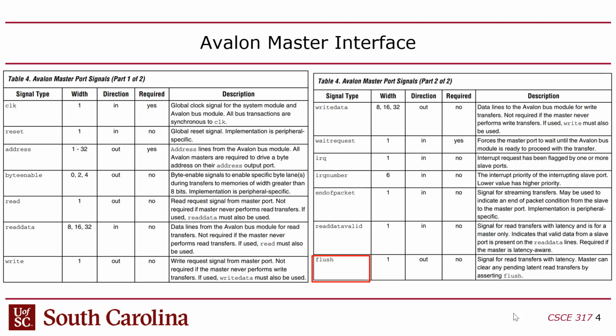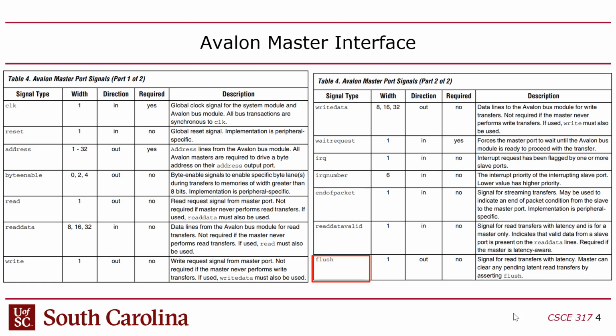This signal, the reason I've got a box around it, is because this is the one signal that is only on the master. You won't see this on the slave side because this is intended only for the master to talk to the bus controller, not to the actual slave. The slave doesn't see the flush signal, right?